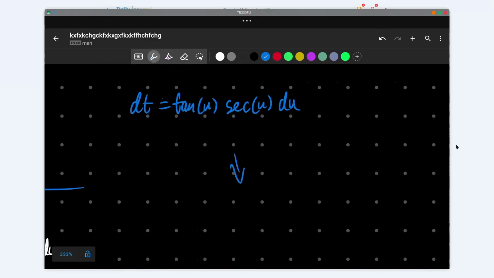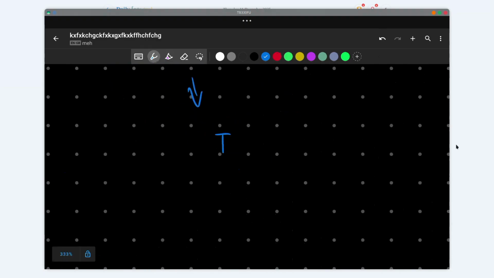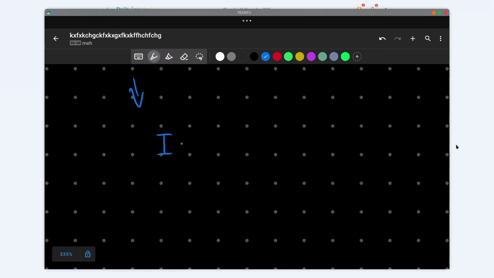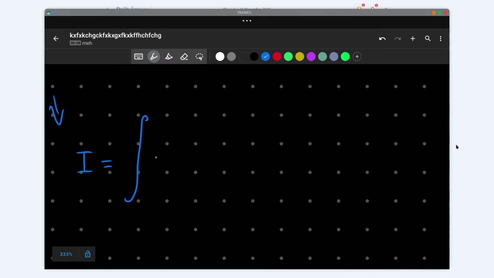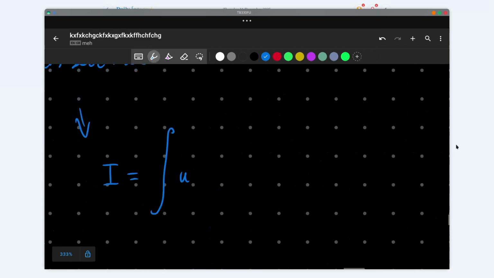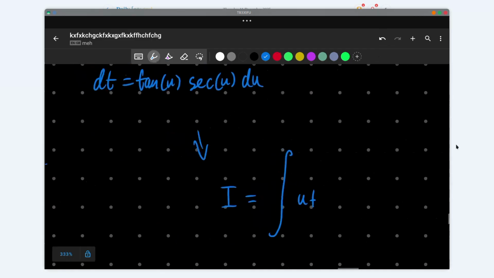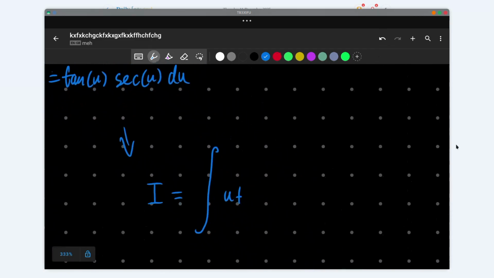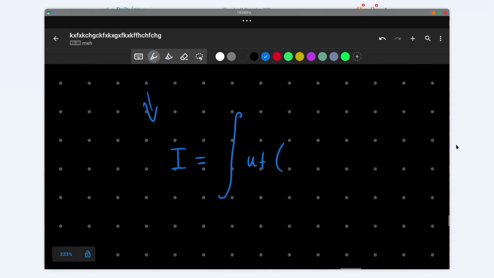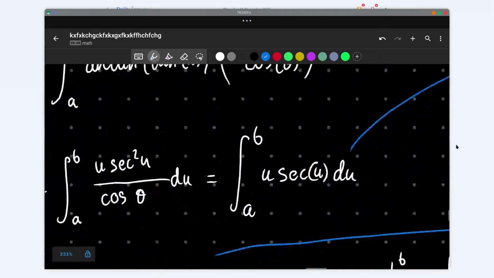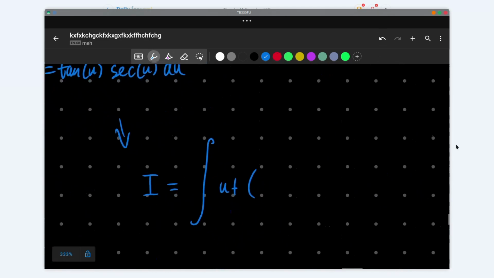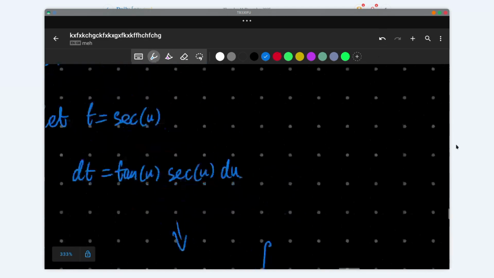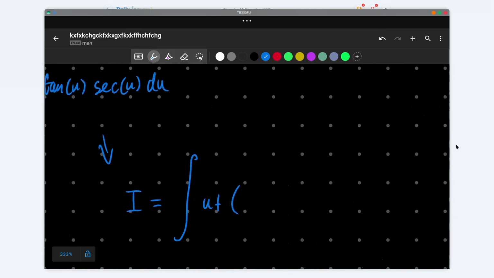So the integral would become, I'm not even going to bother with the limits anymore. There are too many changes. It would be u t, then the du, which is there, would, I'm missing something.